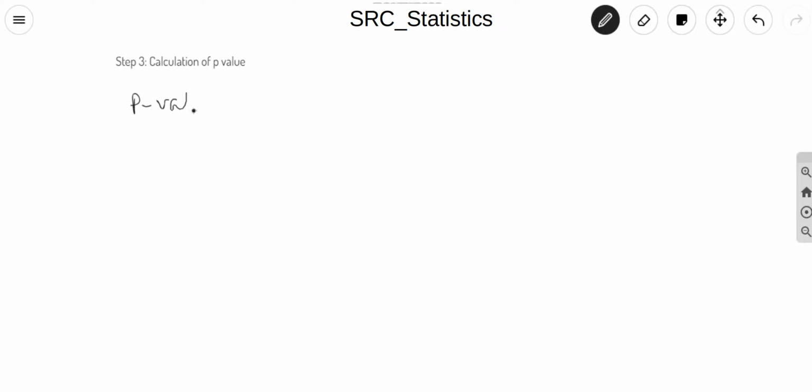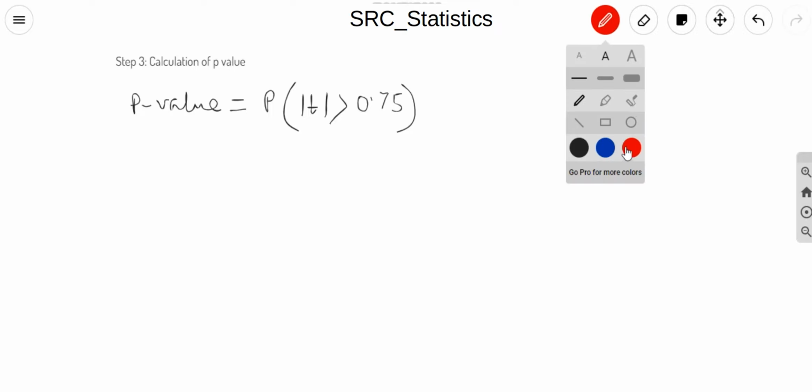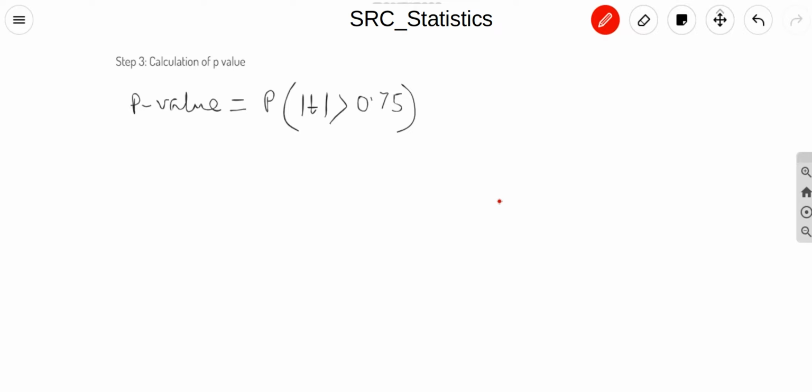The p-value is given by the probability that modulus of t is greater than the value of the test statistic. That means since this is a two-tailed test, the p-value will also be at both tails. So whatever be the value of the test statistic, it is 0.75.